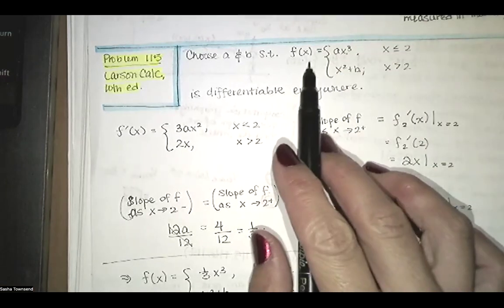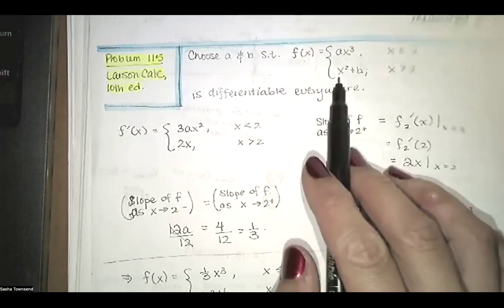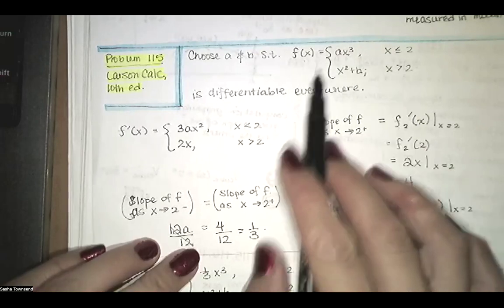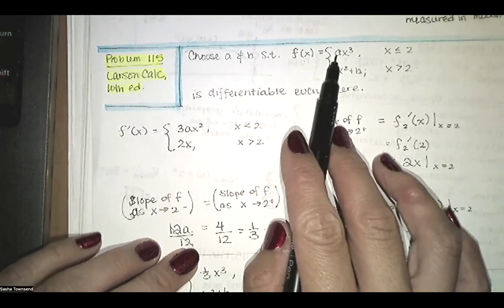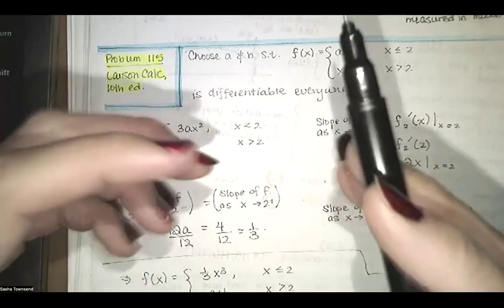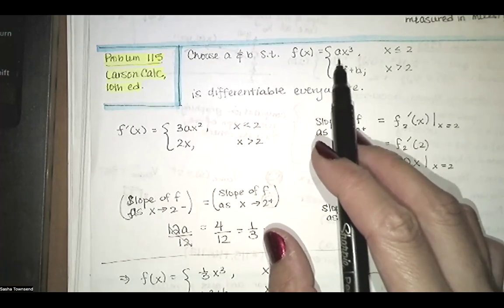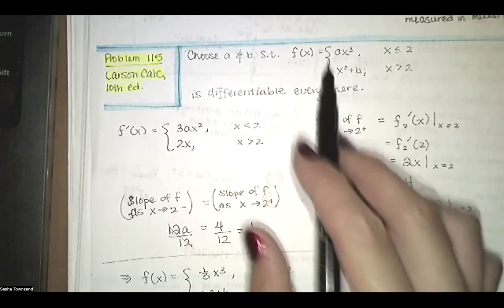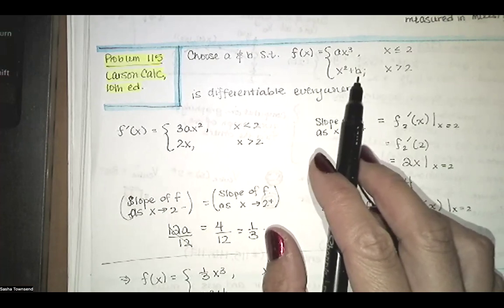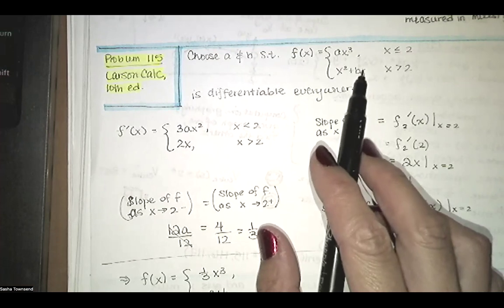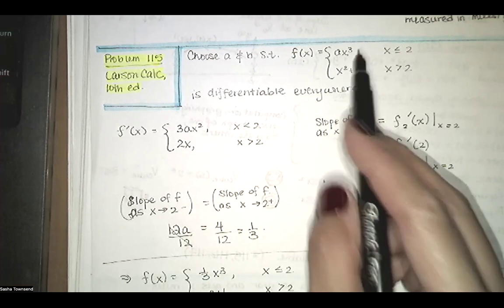So when you see f of x equals a x cubed when x is less than or equal to 2, and x squared plus b when x is greater than 2, I want you to imagine a cubic graph that has been stretched vertically by a factor of a, or perhaps shrunk vertically, depending on whether a is a proper fraction or a number whose absolute value is greater than 1. And I want you to see this as a parabola, just y equals x squared, shifted up or down b units, depending on whether b is positive or negative. And we're just saying this is part of a parabola, this is part of a cubic graph.